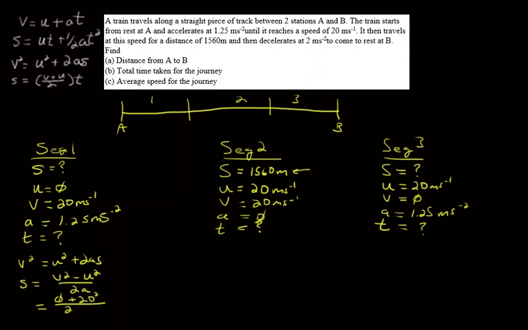So it is 1.25. I want to make sure I come over here and get my numbers right as I do this. Okay, so that is going to be 400 divided by 2.50. And so S is going to equal 160 meters.